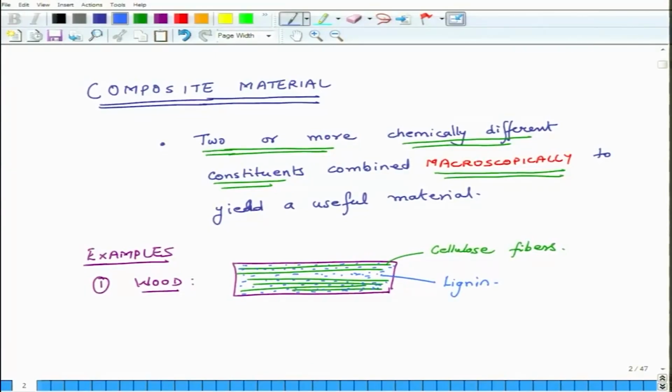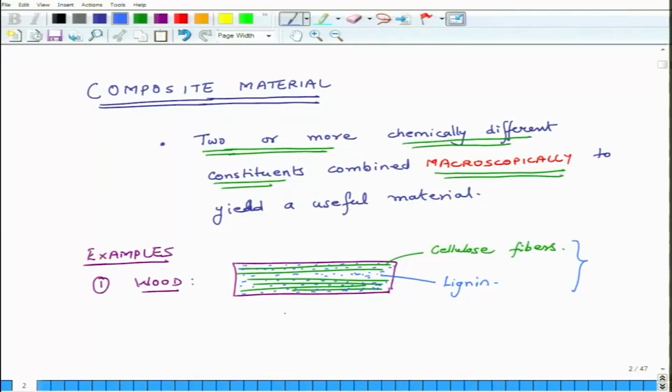So, what do we see in wood? They have two or more chemically different constituents, and they are not added up at a molecular level. You can actually physically see a cellulose fiber and lignin. Physically you can see them separated and they are sticking to each other. So, this is one example.